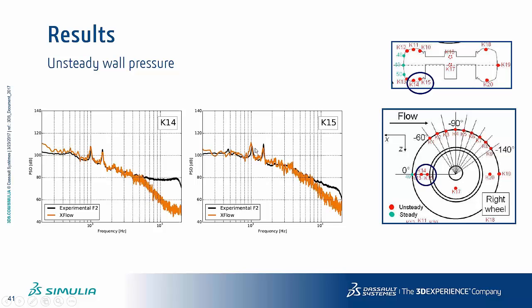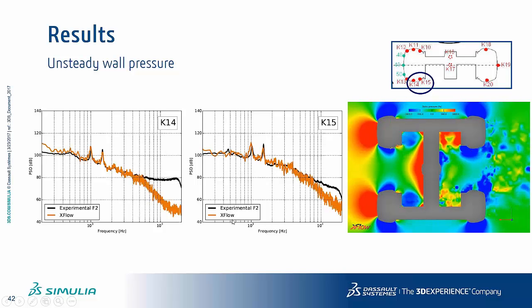So that's why you can see these peaks here that are very well captured by XFlow, these two peaks with the right frequency and the right magnitude. And again, low frequencies are very well matched. And then I think the result is good quality up to probably 5,000 or 6,000 hertz, which is very good.